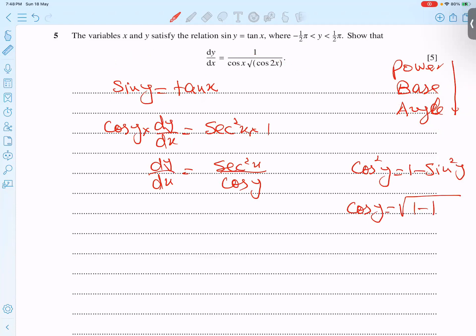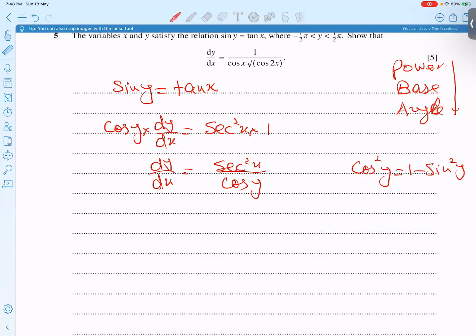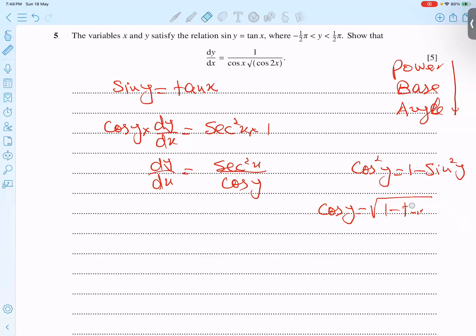So first of all, I'm writing the sine square, and in the place of sine, I'm copying tan here. So I got a tan square.